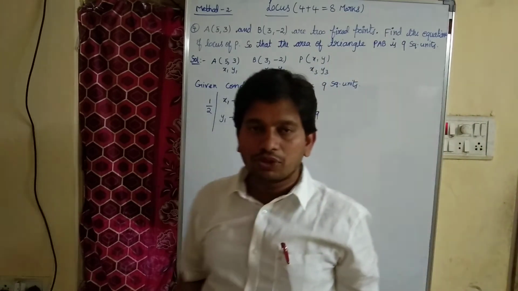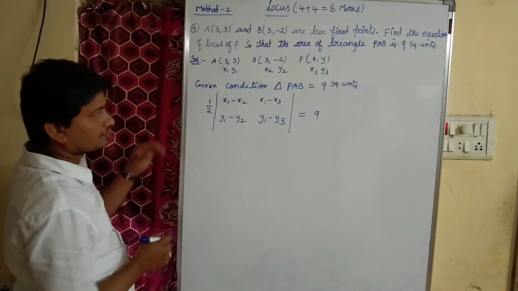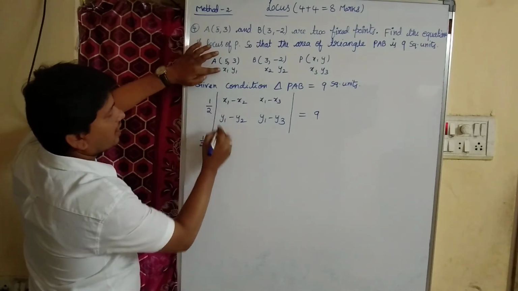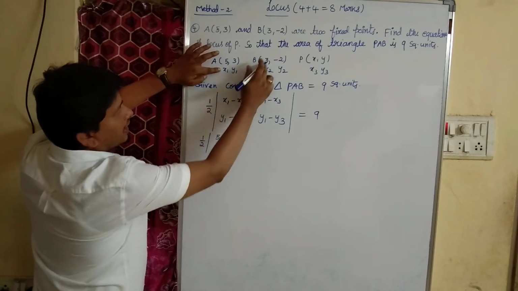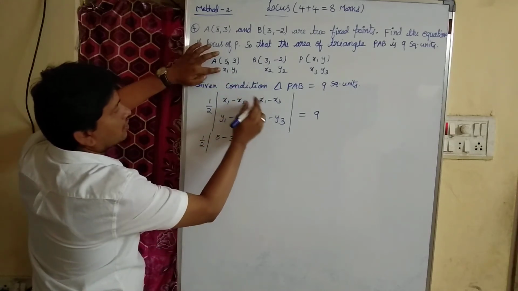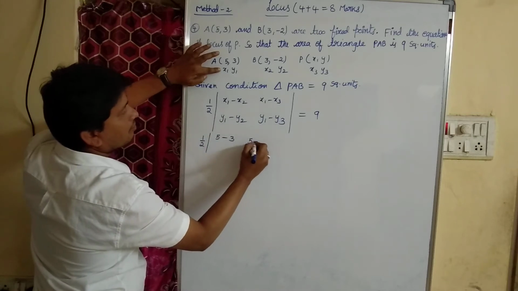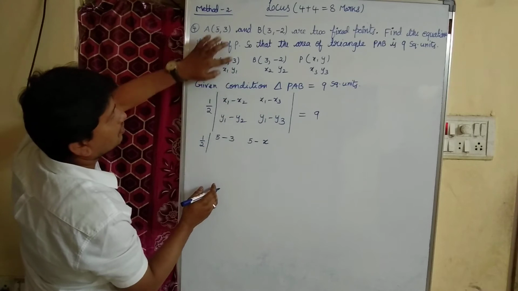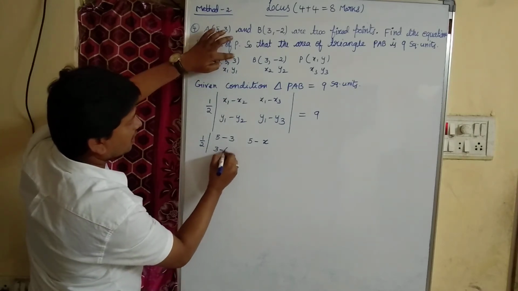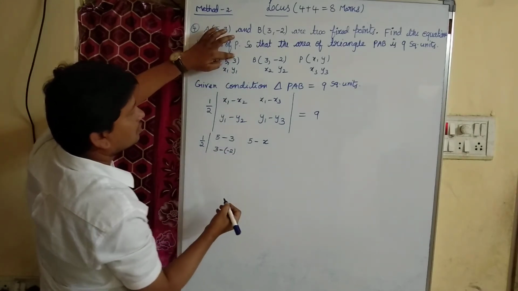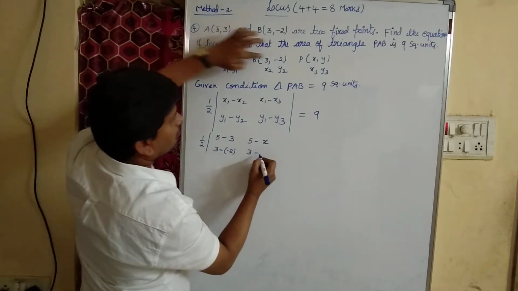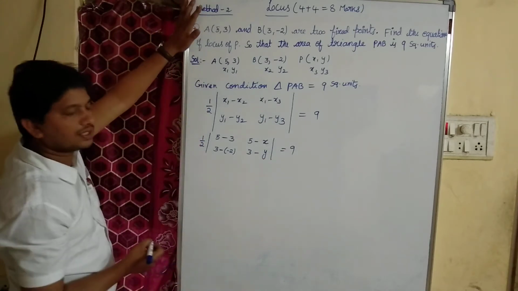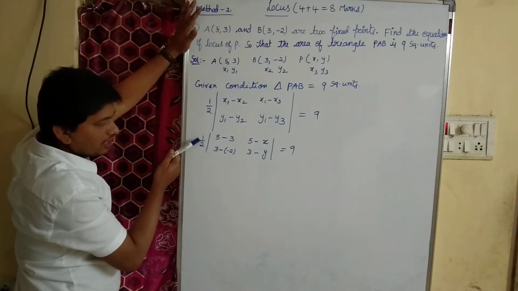Okay, now let us substitute the values, you will get the answer. So half into, as x1 value is 5 and x2 value is 3, next x1 value is 5 minus x3 value x; next y1 minus y2, y1 value is 3 minus y2 value minus 2, and y1 value 3 minus y3 value y, that is equal to 9 square units, as which is 1 by 2.